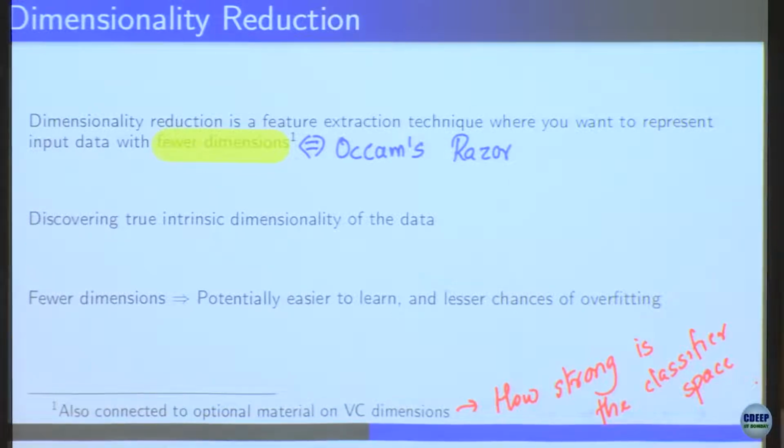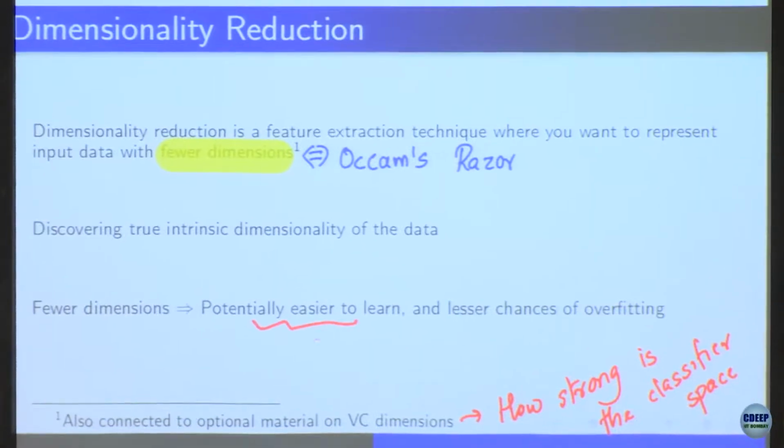Typically we will see there's a relation also between the dimension of the data and the VC dimension of the classifier. So again, I've left that as optional reading. So what dimensionality reduction is about is just discovering the true intrinsic dimension of the data, and keep this canonical figure in mind. So fewer dimensions means it's potentially easier to learn and lesser chances of overfitting. This again is loosely related to VC dimension.